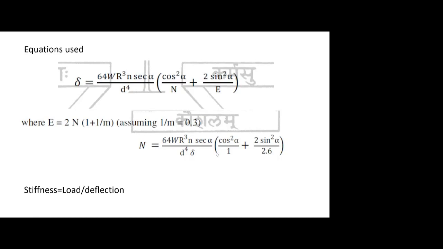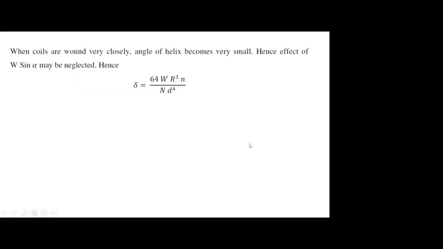This D raised to 4 comes from J and I in the bending and torsion equations.